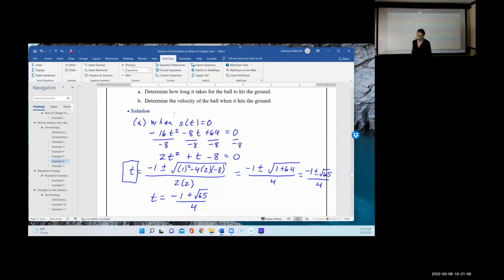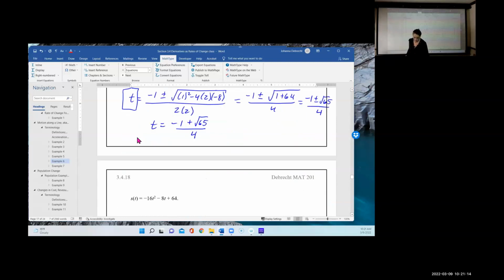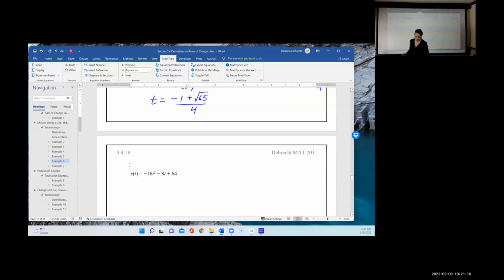All right. Now we want the velocity of the ball when it hits the ground. So to get the velocity of the ball when it hits the ground, we need to take our equation and find the derivative. I already copied it. And we're going to find v of t, which is s prime of t, which, remember the power rule.